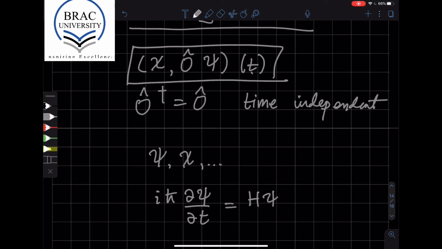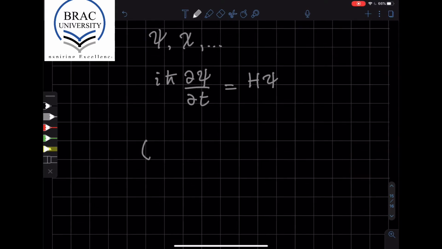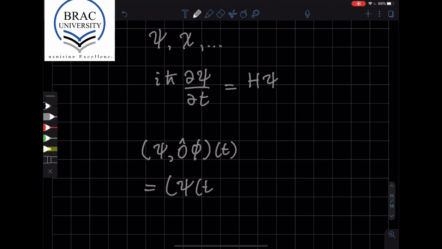And the way to go about this is like this. Remember that if I look at this inner product, say psi, O, which is an operator, phi, at some time t, of course this means nothing but psi, which depends on time, and then O, which doesn't depend on time, and phi, which depends on time.